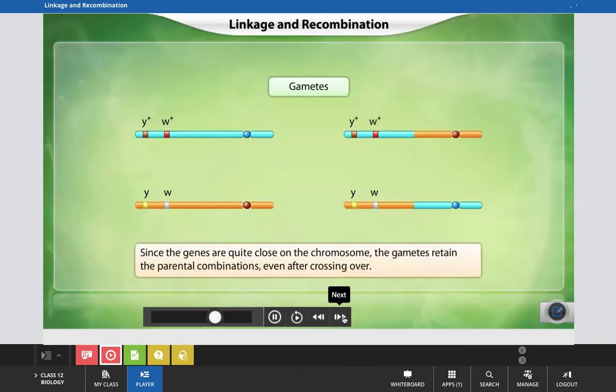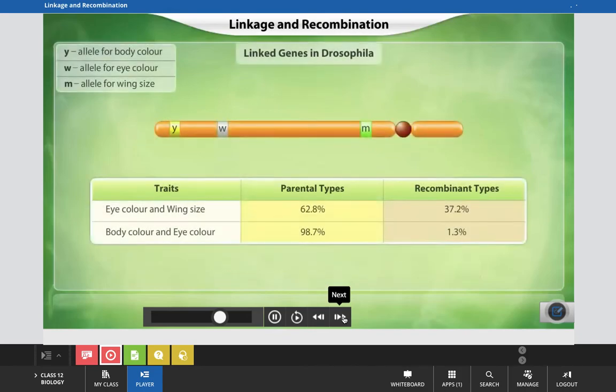Hence, even if chromatids cross over, the gametes get the parental combinations only. Thus, Morgan concluded that the frequency of recombination depends on the relative location of genes on a chromosome. The closer the genes, the lower the recombination, and vice versa.